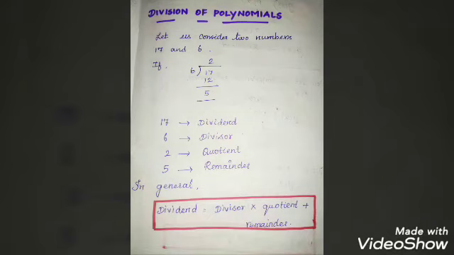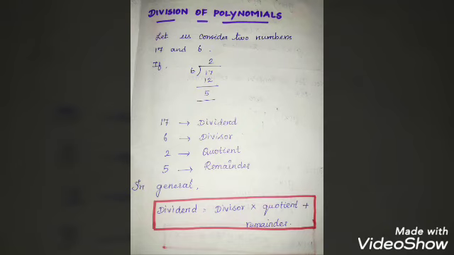In general, we can connect these four things with a general formula: dividend equals divisor into quotient plus remainder.